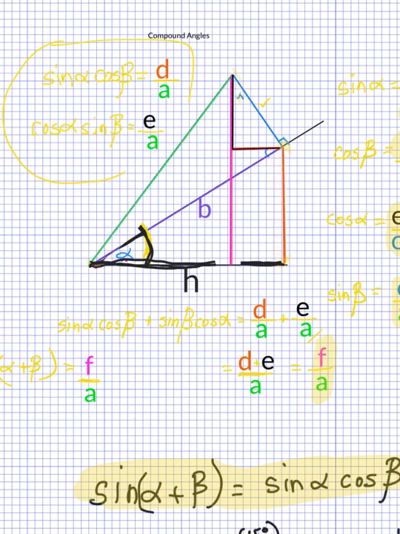Over the green, which is A. So we said B divided by A. All right, so cosine of beta, oh, I lost that beta. So the cosine of beta is this B over A.